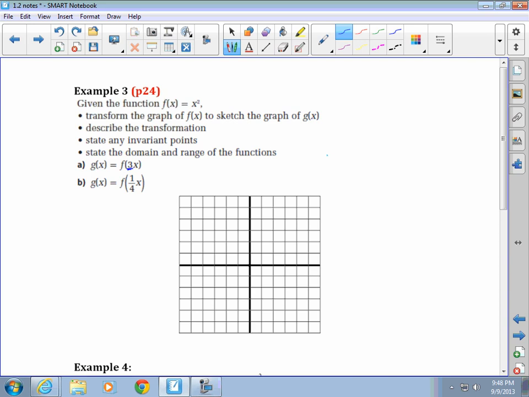Okay, so if the k value is equal to 3, then that means that my scale factor is 1 over k, so it's 1/3. So horizontal changes means that it's going to affect the x coordinate.